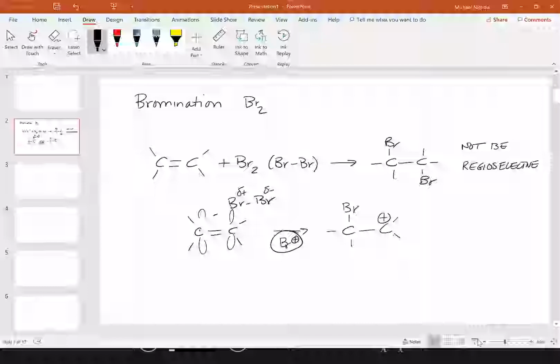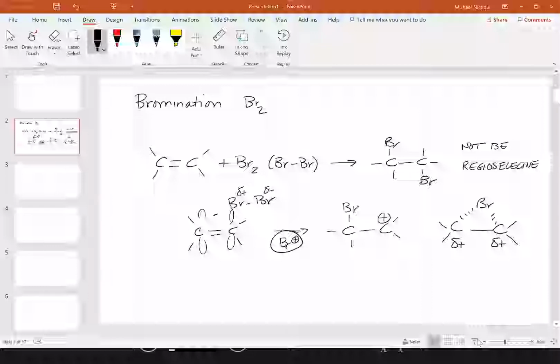But the bromine is big enough that it can actually sit over the two carbons. And the reason it does this is so that each of the carbons can share in that positive charge. So the bromine is large enough, and H wasn't large enough to sit over both carbons, but bromine is.